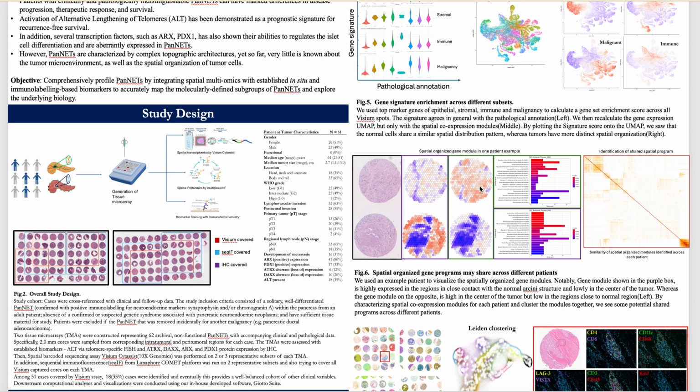And this module is the opposite. It is only expressed in the center of the tumor, but not expressed in the regions that are in close contact with the normal acinar. And we can also expand these types of observations into multiple patients. We can simply characterize the spatial co-expression modules across each patient, and then cluster all the modules together. And we can see that there are a lot of potentially shareable programs across different patients.